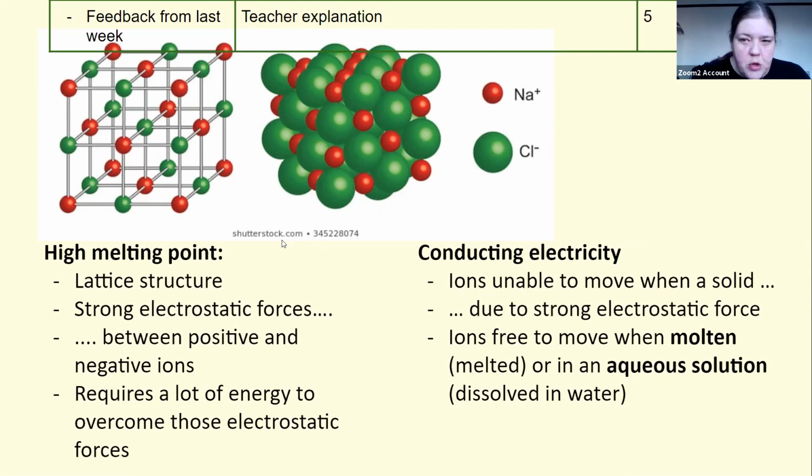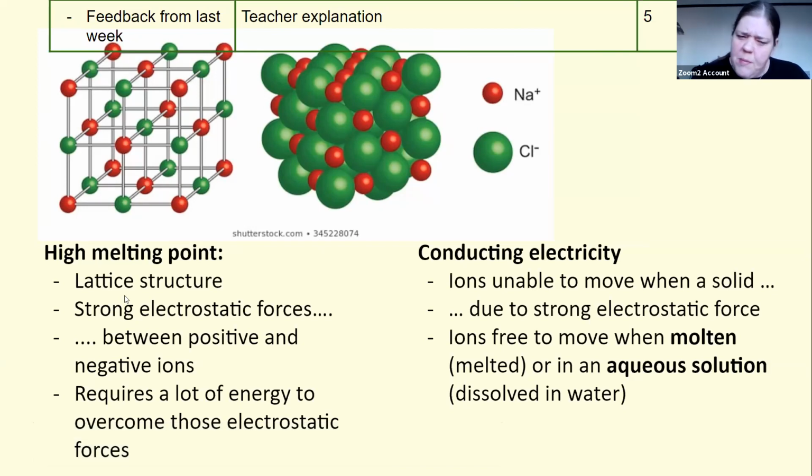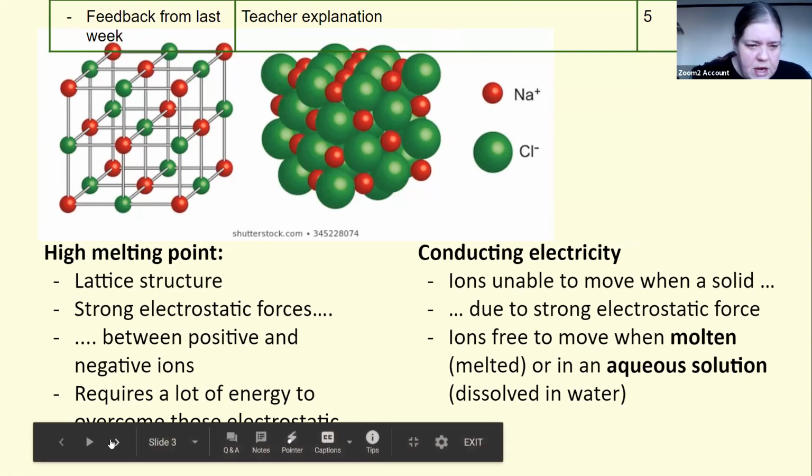I also wanted to make sure we get around the muddling of electrostatic and intermolecular. When we're talking about ionic structures, it's electrostatic forces which are between the positive and the negative ions. If you remember back to electricity as well, which is physics, you might have done in year 8, there is an attraction between positive and negative charge. So that's me just quickly going over that.